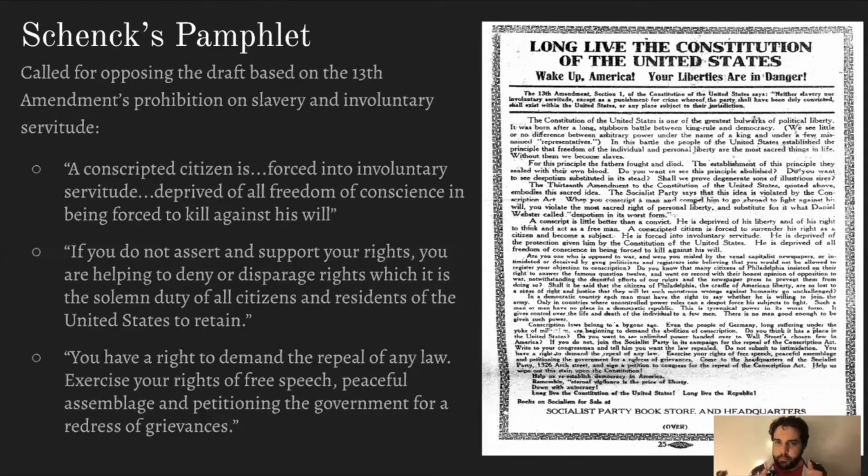And they appealed to all readers to assert and support your rights, and really argued in favor of doing this on the basis of the First Amendment itself. So it's perhaps particularly ironic that that amendment was insufficient to keep Schenck out of jail.